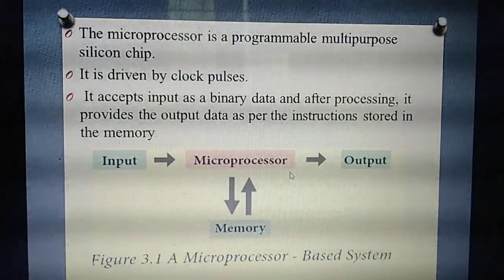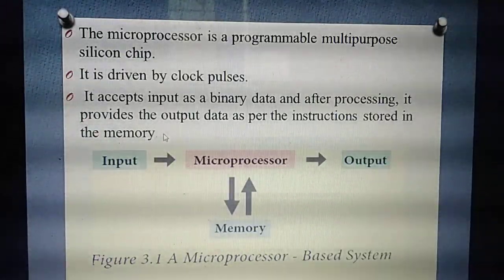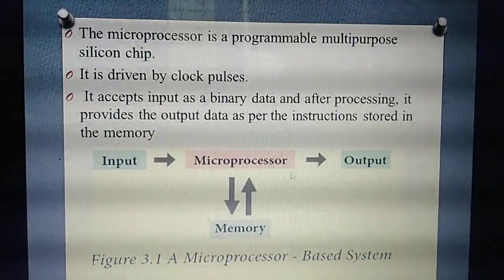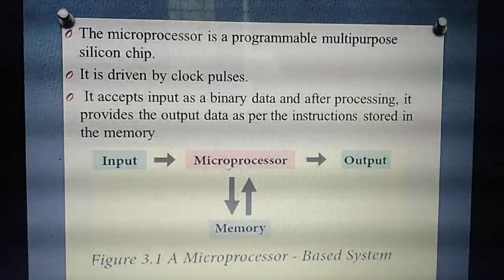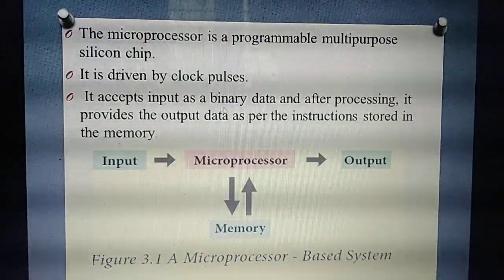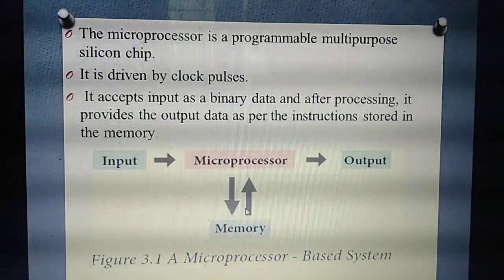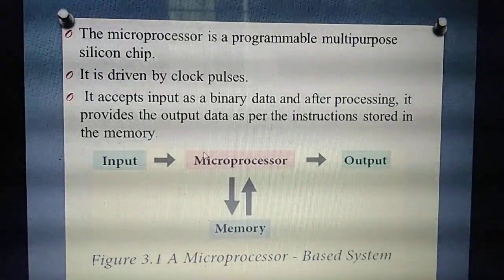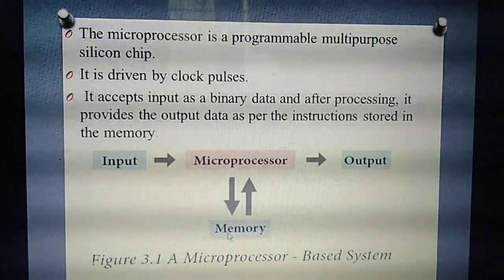Ones and zeros. The input is coming to where? Microprocessor. So the input is converted into binary format. This microprocessor will process the particular data, and all the results it will store in memory.